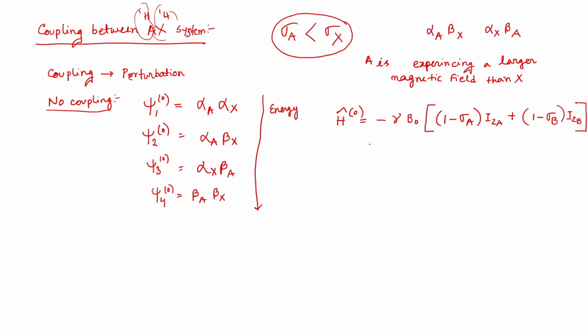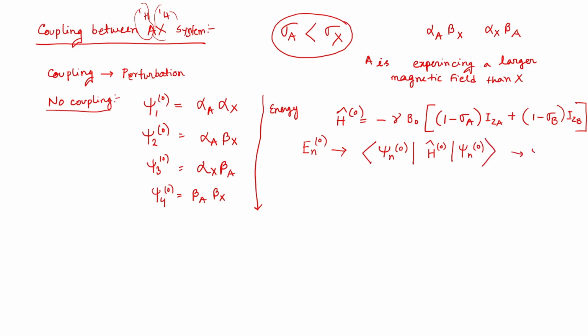Now our E_n^0 is actually going to be ψ_n^0 H, the Hamiltonian, ψ_n^0.